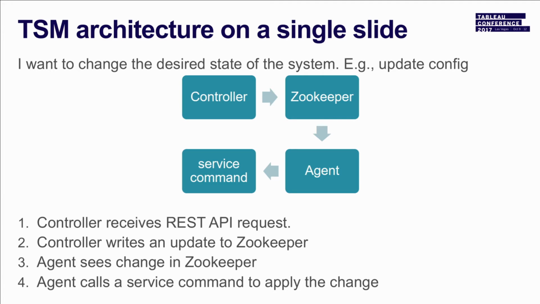The controller has a REST API, which is a fun thing that we get to talk about, because this is the first time that we've had a REST API available for admin. There's the Tableau Server REST API that lets you work with content, sites, users, groups, permissions, workbooks, all that.